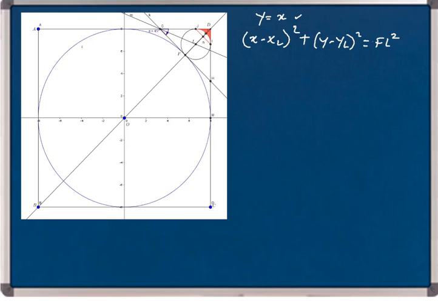This is what we are going to try to find. We are going to work hard to find xl, yl, and FL. This is what is going to happen in the next few steps.